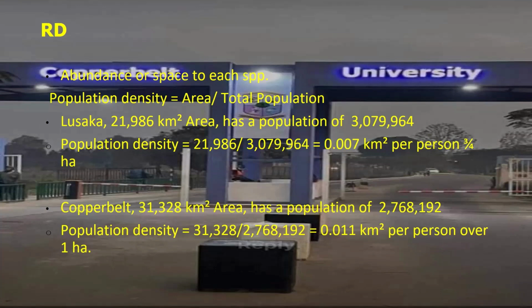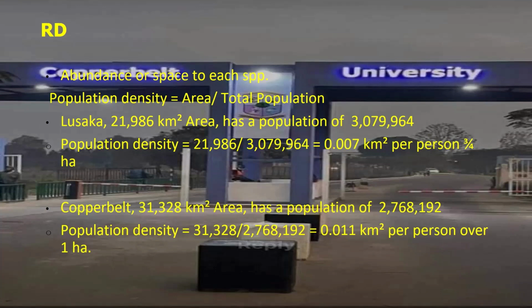For Copperbelt province, we equally do the same, and we realize that if everyone on the Copperbelt province was given a piece of land, everyone will get about 0.011 square kilometer per person, which is just slightly over 1 hectare. So just about 1 hectare, slightly over a soccer pitch, everyone on the Copperbelt province will be entitled to that.